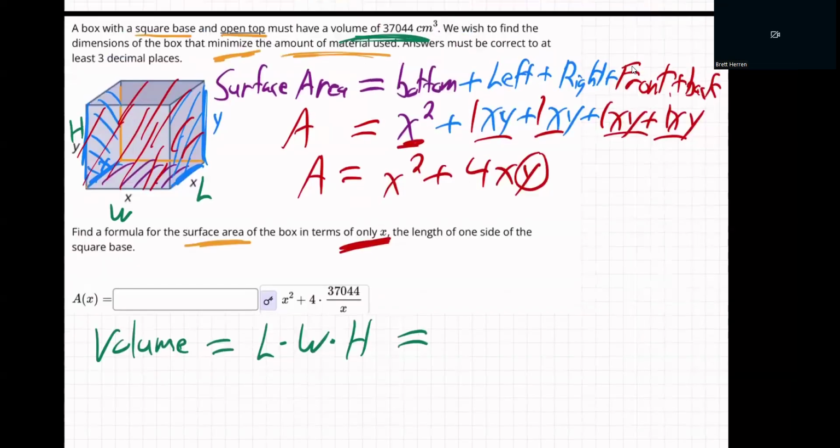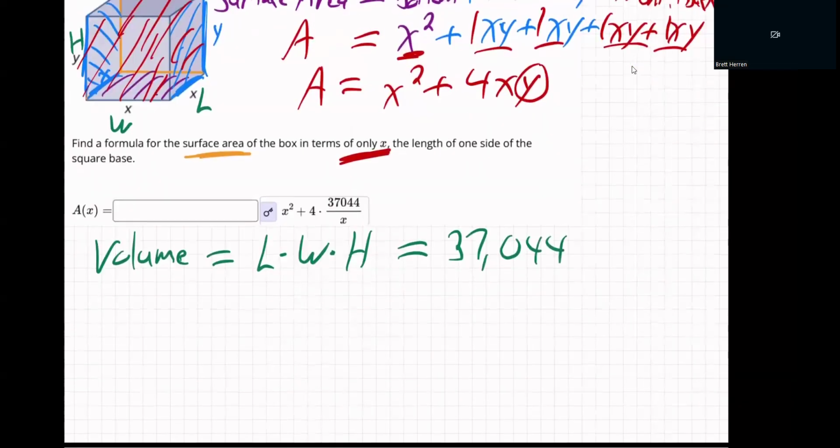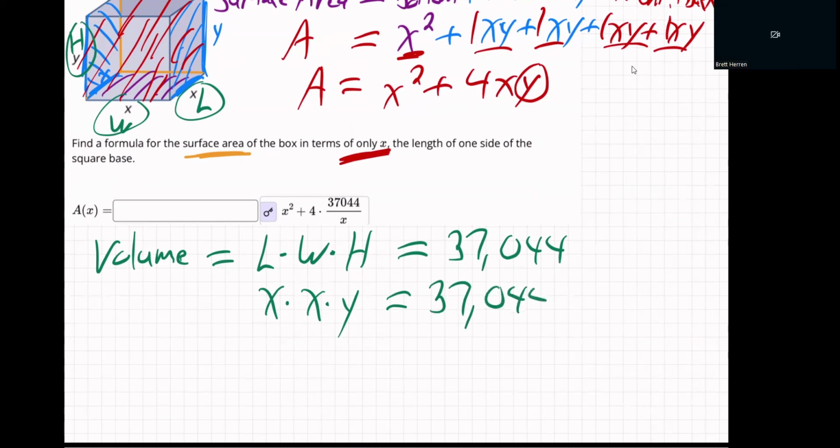They're telling us the volume is equal to 37,044 cubic centimeters. So that would be the length and width, both x, and the height is y, right? So that means, you see what I can do now?